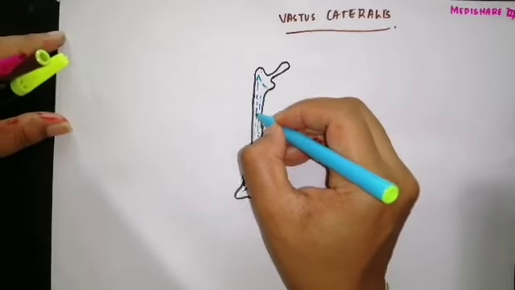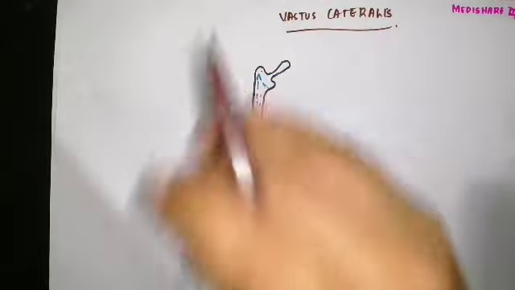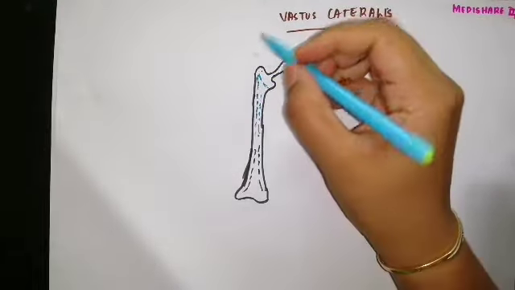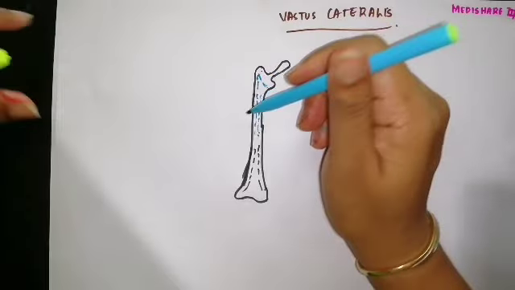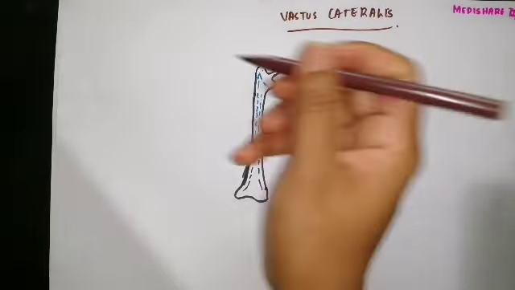So the muscle arises from these bony landmarks here. The origin of this muscle is linear. So which are the origins?